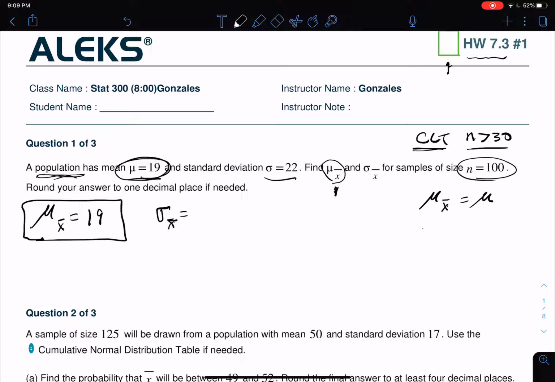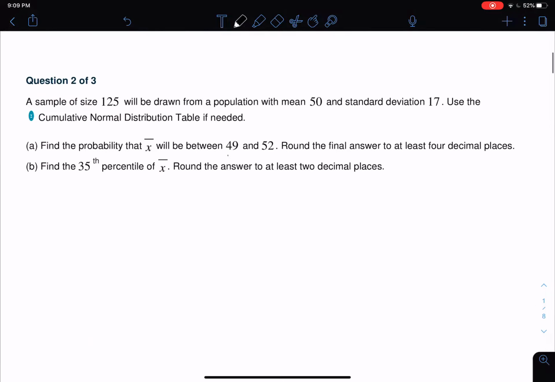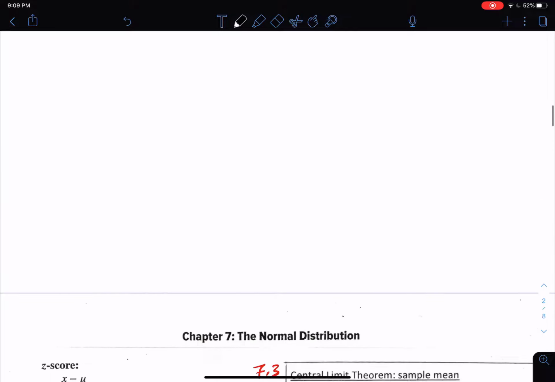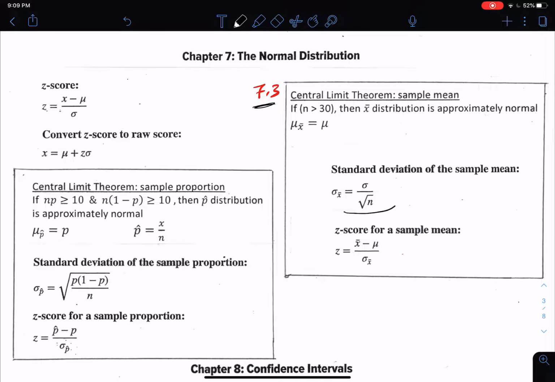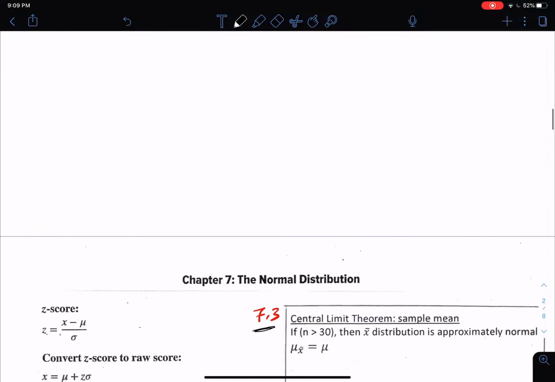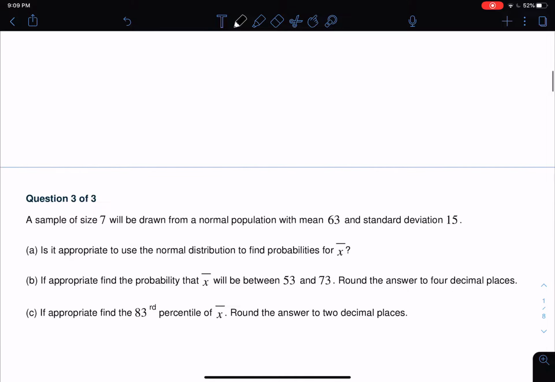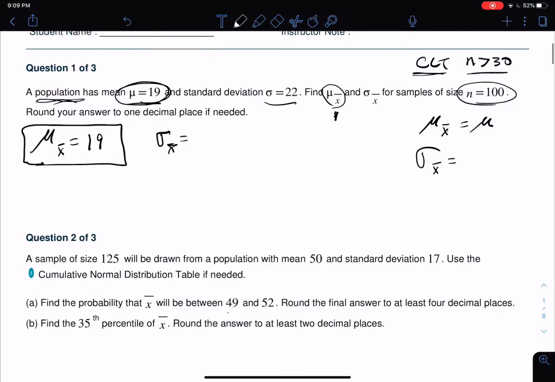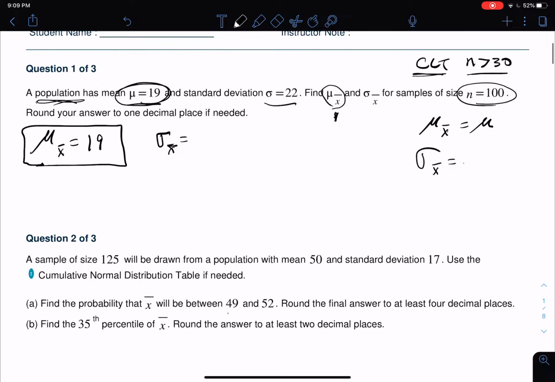Well, the formula for that, once again, just so you know where to look, is on the formula sheet. It is right there. That is just the standard deviation of the population divided by the square root of the sample size. Well, they give us that information.